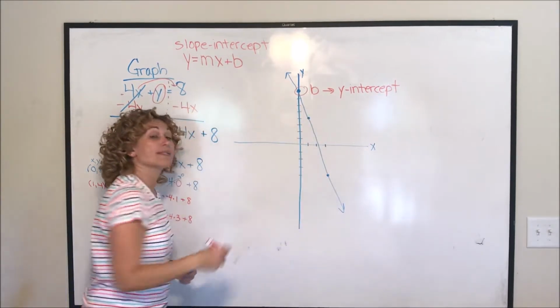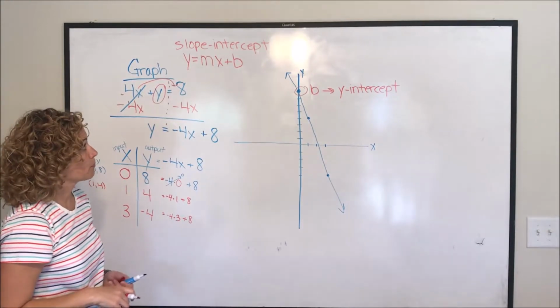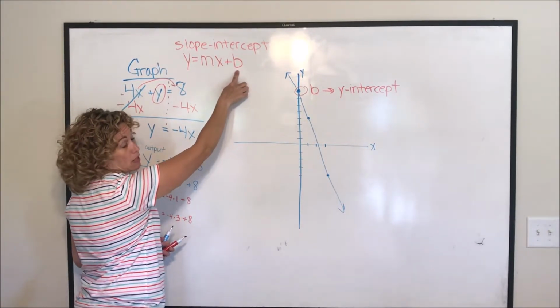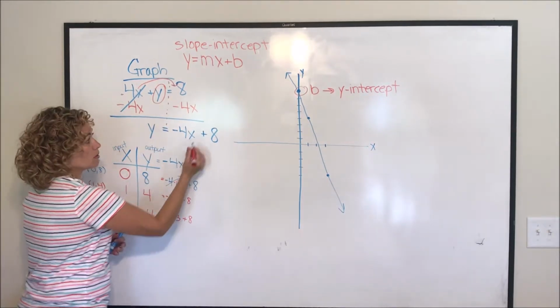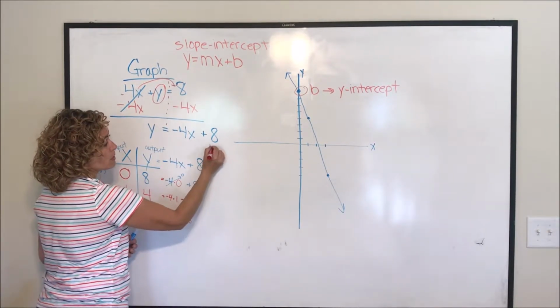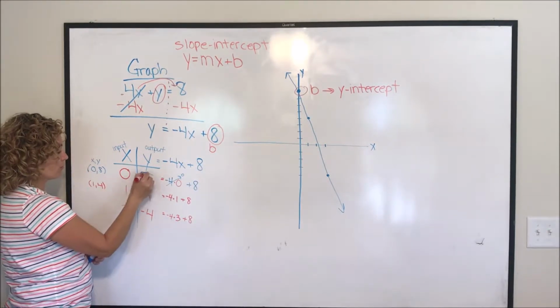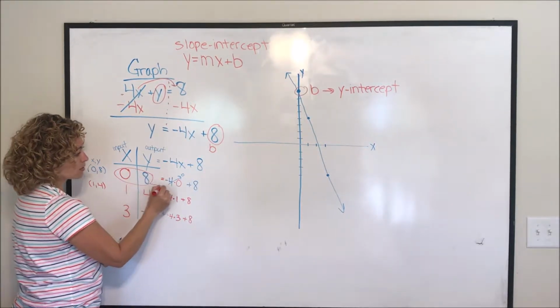It's where it crosses the y-axis, okay? It is the point, notice, plus b. In this one, plus b. So the b value is actually 8, which fits with this.